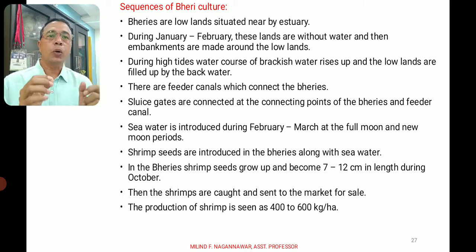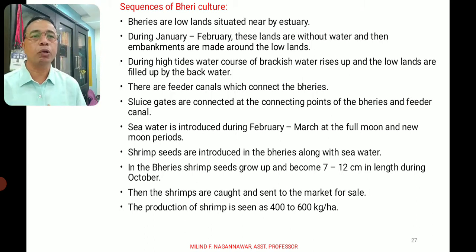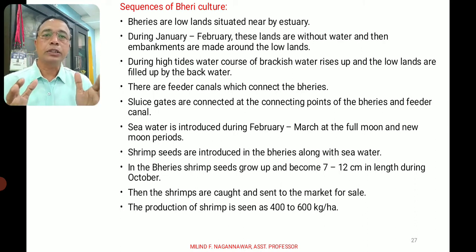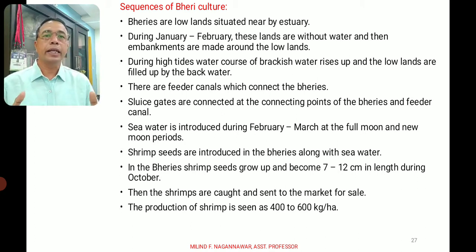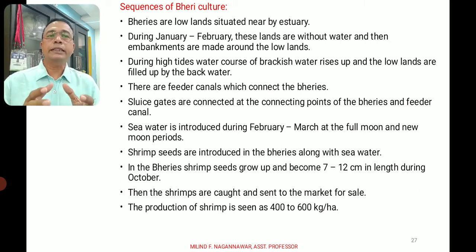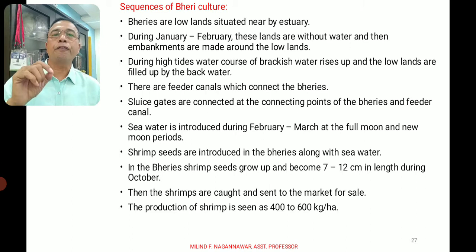Is it clear? The entry of the water is carried out through the sluice gates, and through these sluice gates the water enters the low-lying areas, which are nothing but the berries. The sluice gates are connected at the connecting points of the berries and feeder canals.